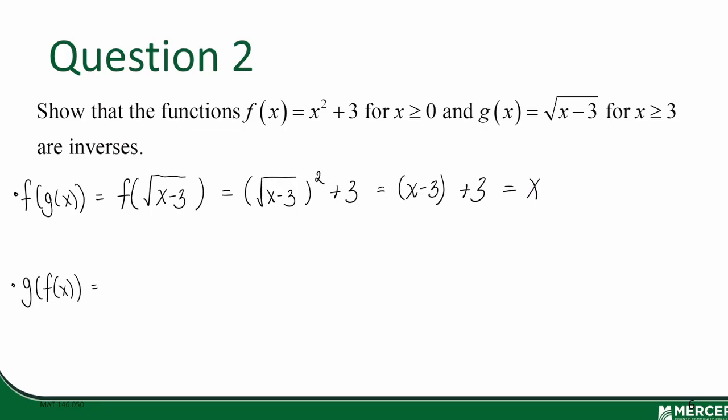Now for g of f. G of x squared plus 3. Take 3 from x squared plus 3, then take its square root. 3 minus 3 is going to leave us with just x squared.